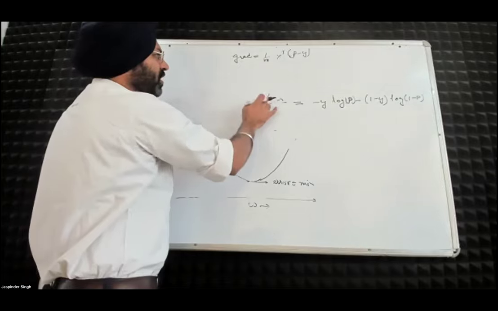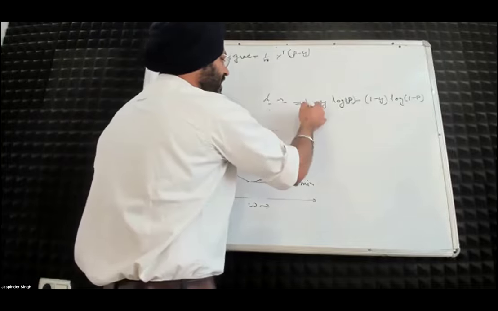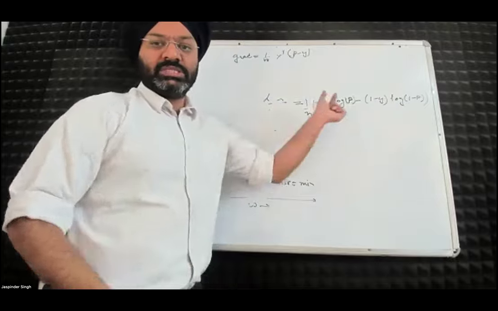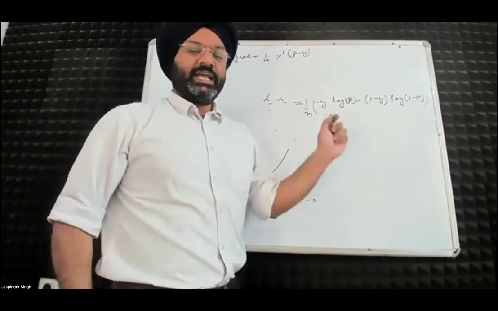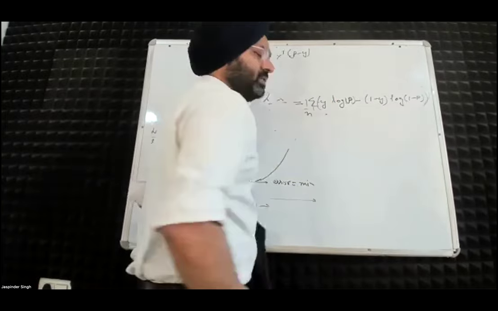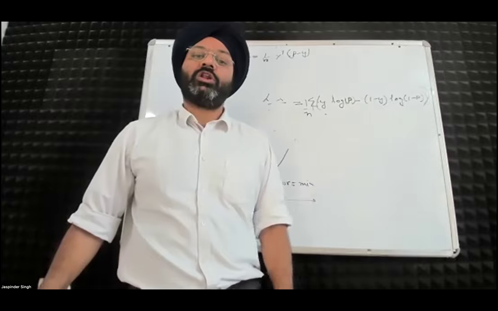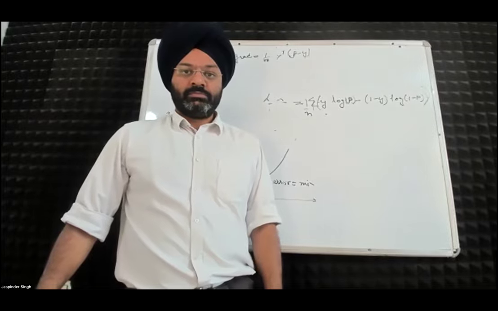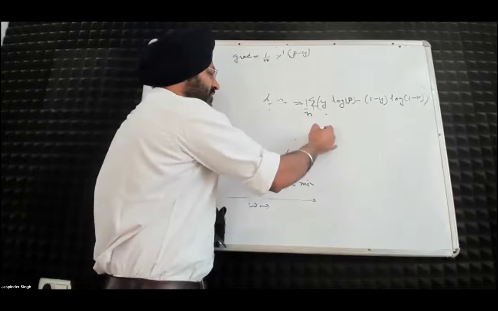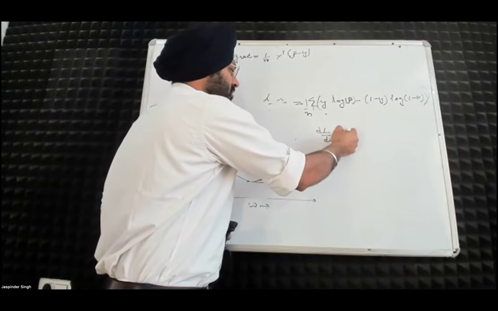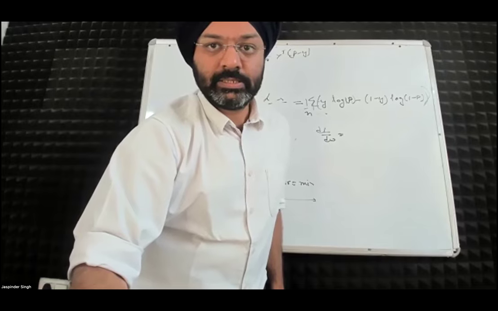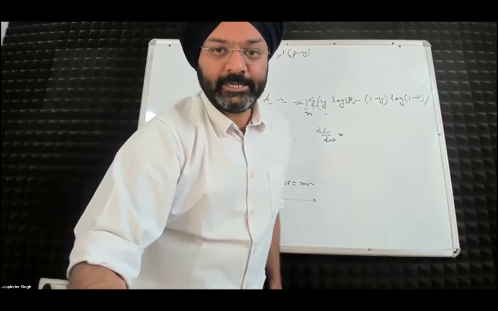So now let's go from here to here. Remember, 1 by n has to come. This was for one sample. If I take sigma of all the samples divided by n, that would be the total log loss. I have to take dl by dw over here. This is linear regression.